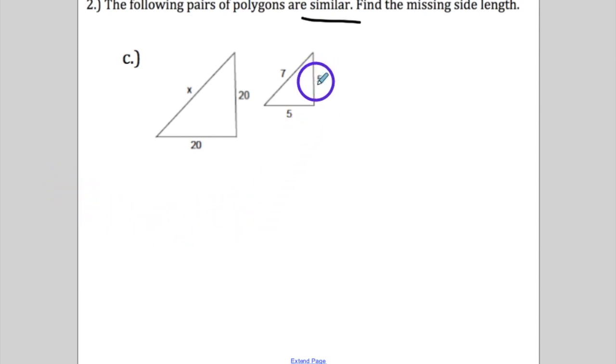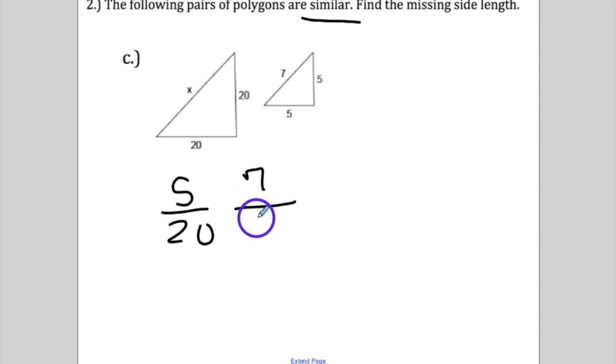So we have some sort of isosceles triangle here with side lengths the same here. So we have 5 to 20 that's occurring twice, 5 to 20 and 5 to 20. And then our small side here would be 7 and 2x.